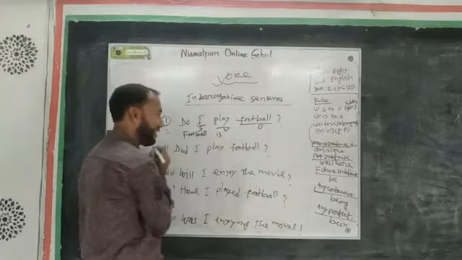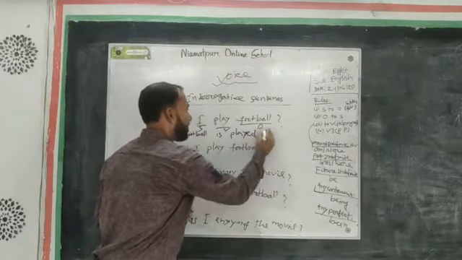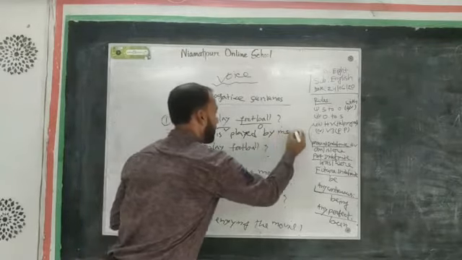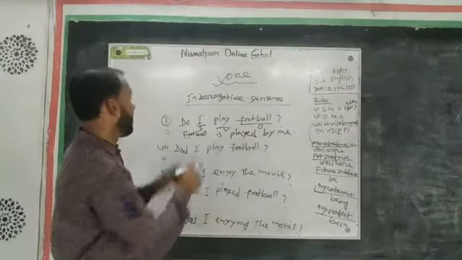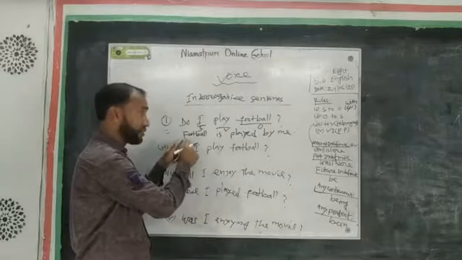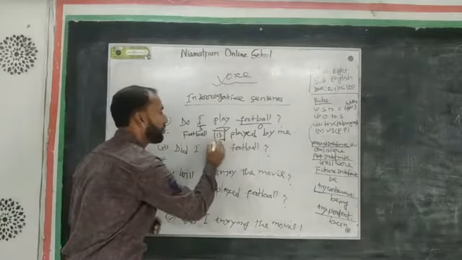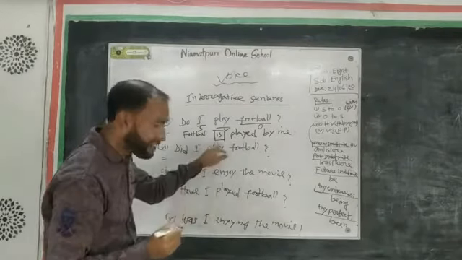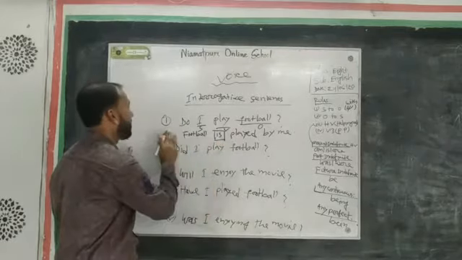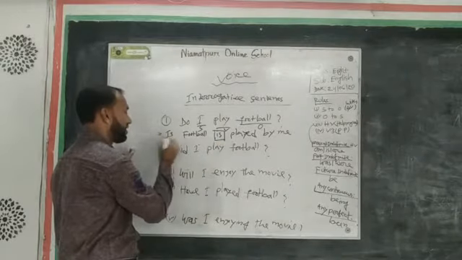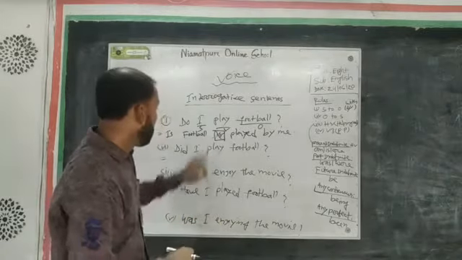So football is played by me. Actually, this is an assertive sentence. So for making an interrogative sentence, the helping verb will be used before the subject. Is football played by me?